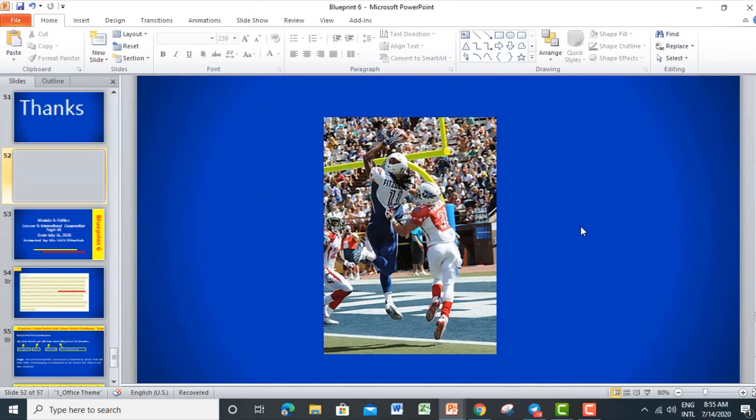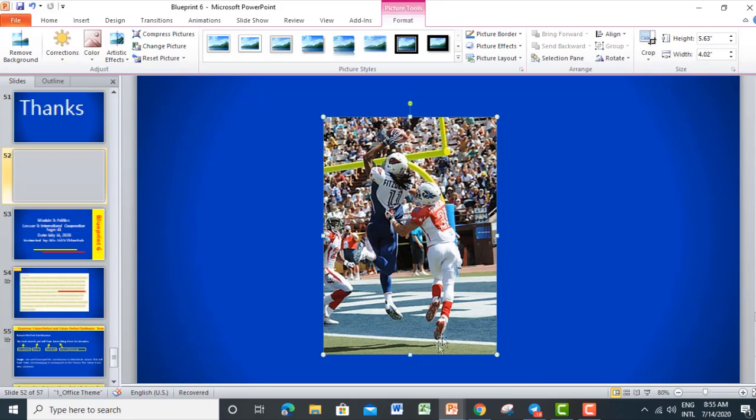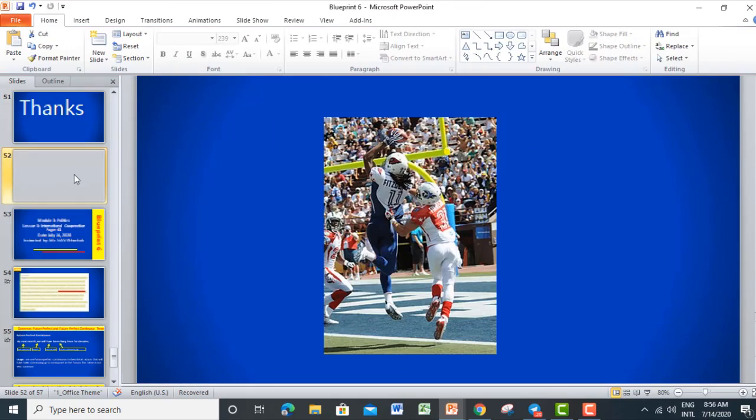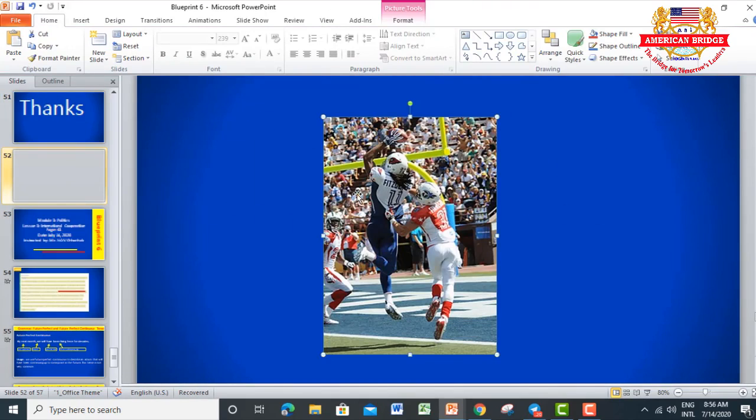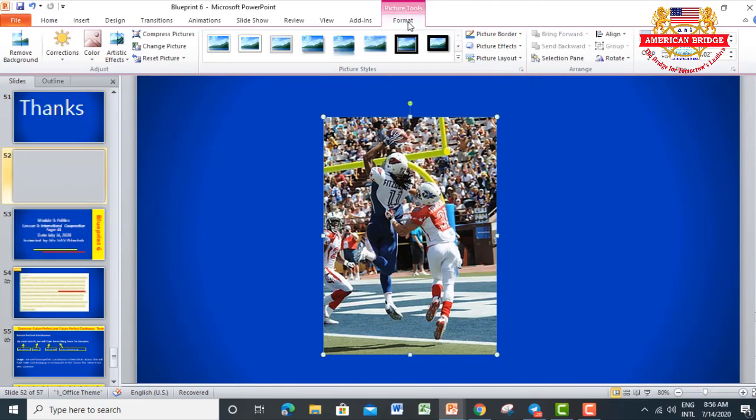This is a shape of photo, but teacher doesn't want this space, and teacher wants to align it or crop it. So you have to click on the picture and then you go to format. So you will see the word crop over there.